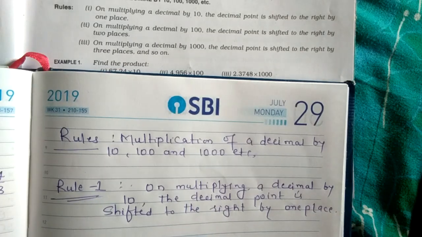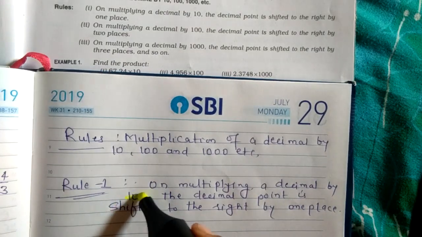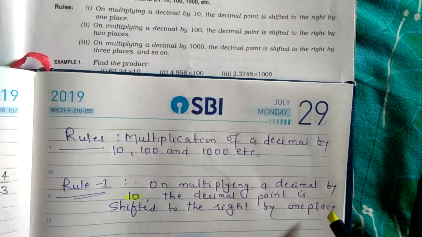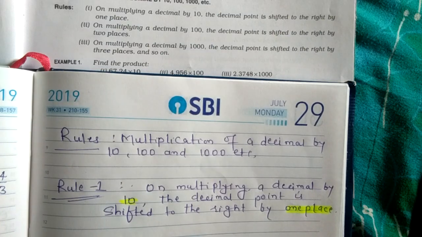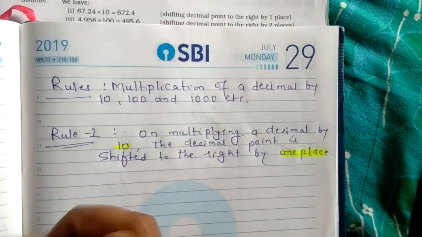You see carefully. On multiplying a decimal by 10, then the decimal point is shifted to the right by one place. You must remember these things. So I am taking some example. You see carefully.